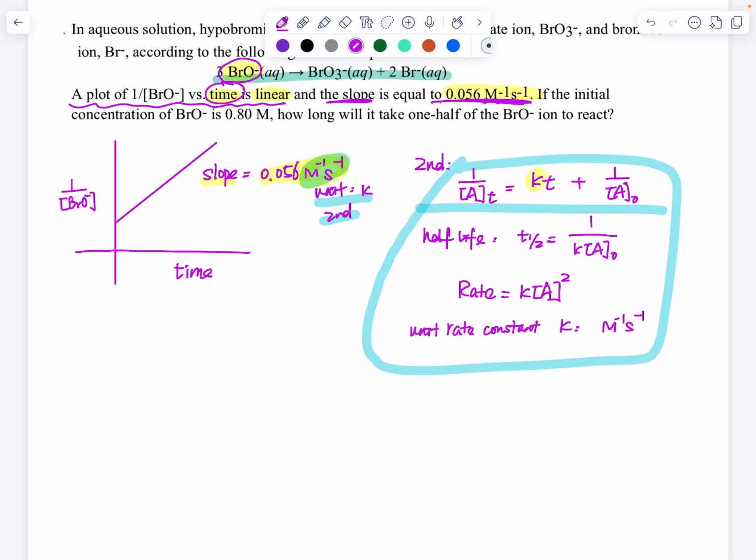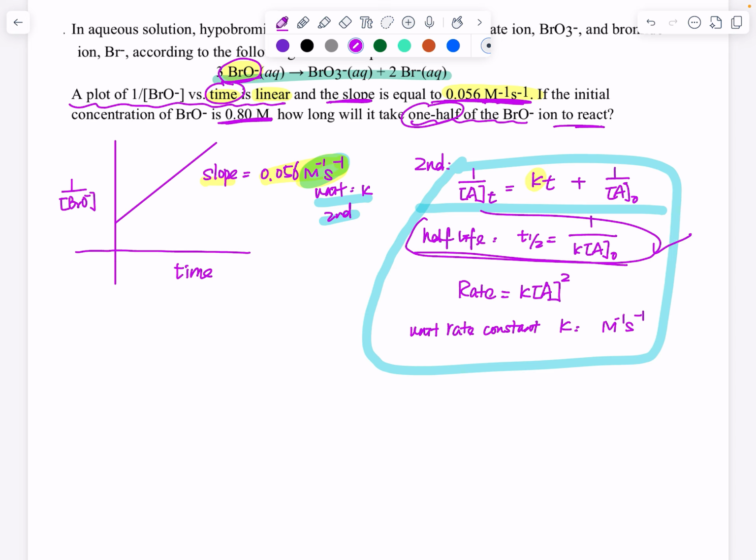And now let's see, it's telling us the initial concentration and asking how long it will take for 1/2 of the reactant to react. Okay, half. So basically, the concentration falls to half of the original concentration. That sounds familiar. That sounds like the half-life definition. So now that's all we needed to solve the question.